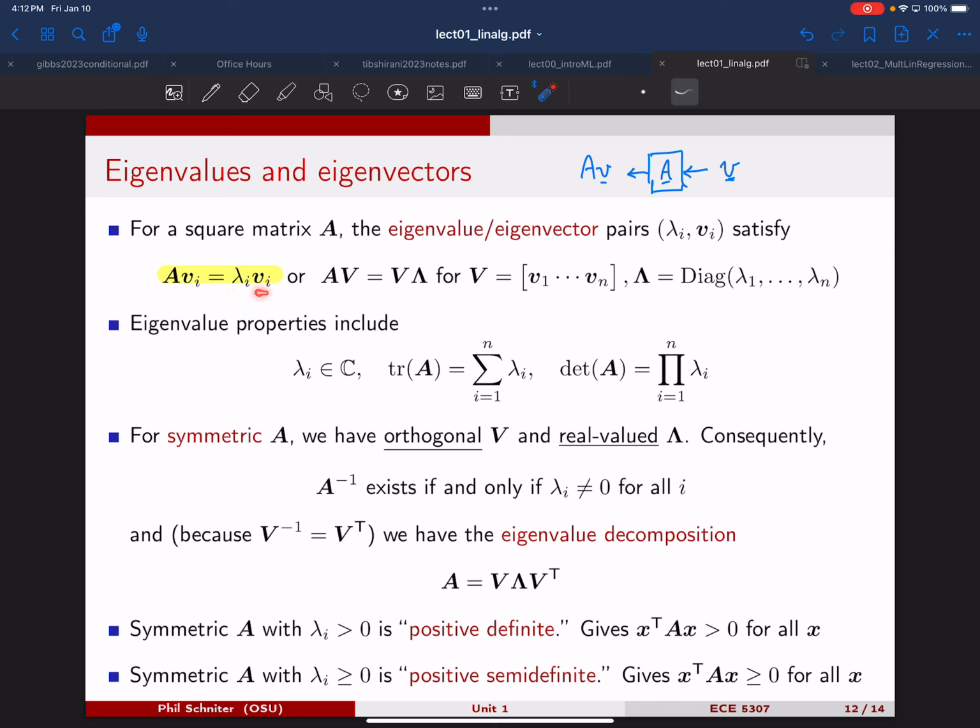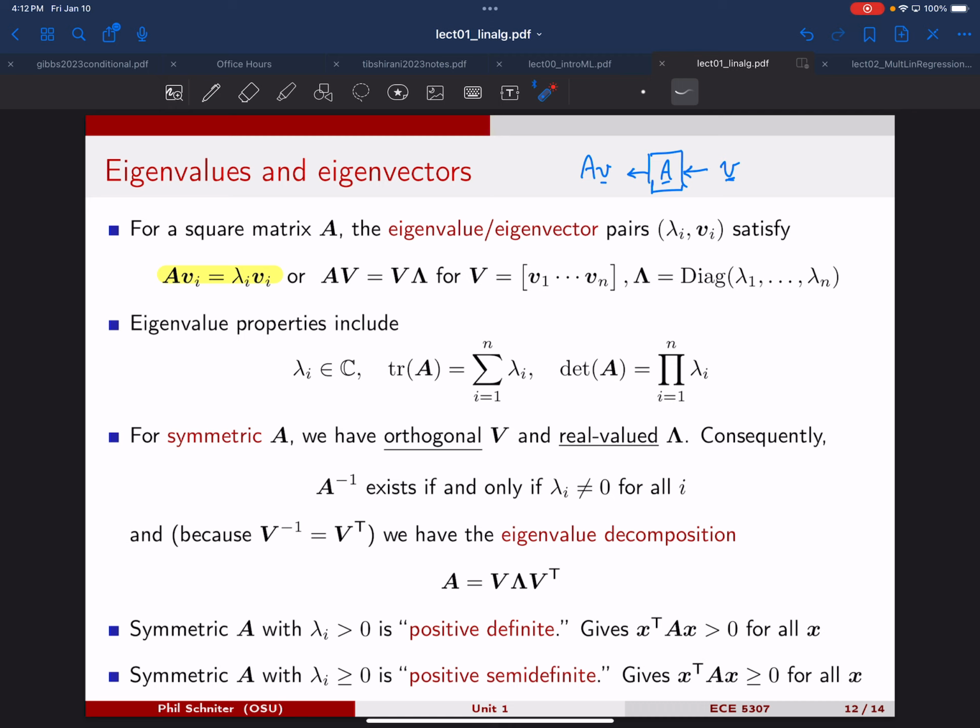We call these v_i's the eigenvectors, and we call the lambda_i's the eigenvalues. If you have an n by n matrix A, then there's up to n different eigenvectors, each one with its corresponding eigenvalue. So that's probably how you want to think about eigenvalues and eigenvectors.